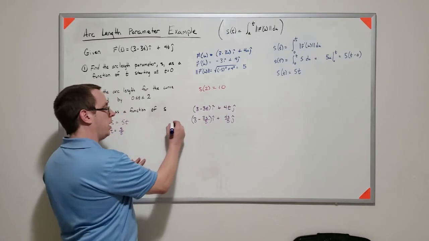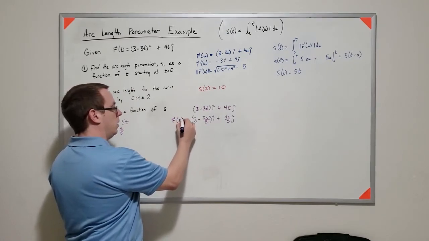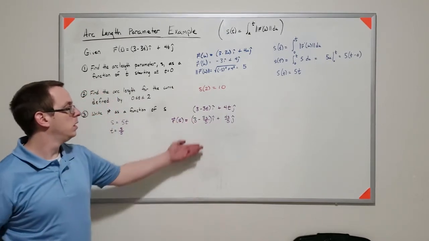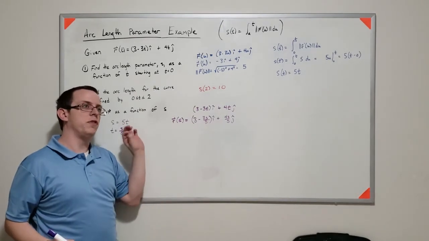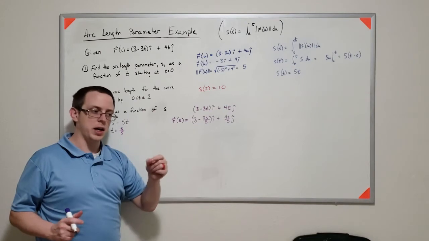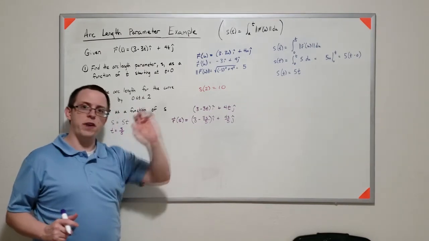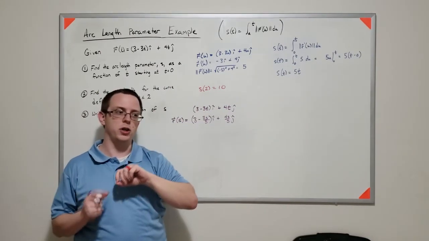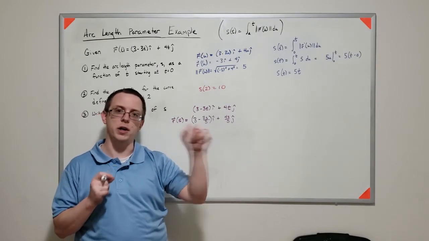And that would be my r of s. That's how you would define that, so that the point on the line, or the vector value, is actually a function of how far along you've gone.